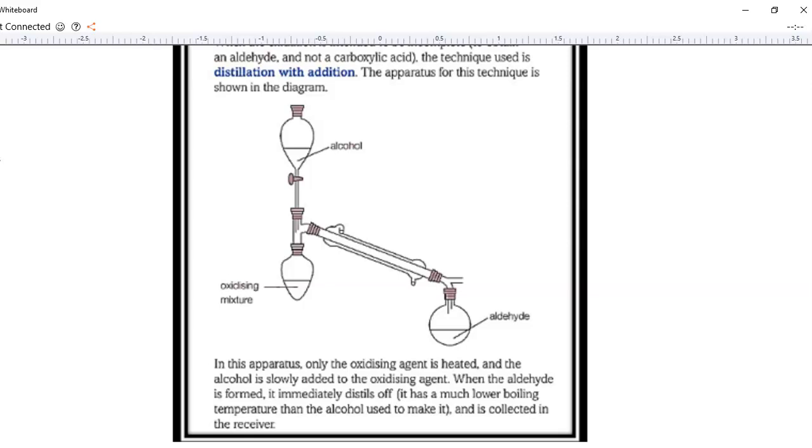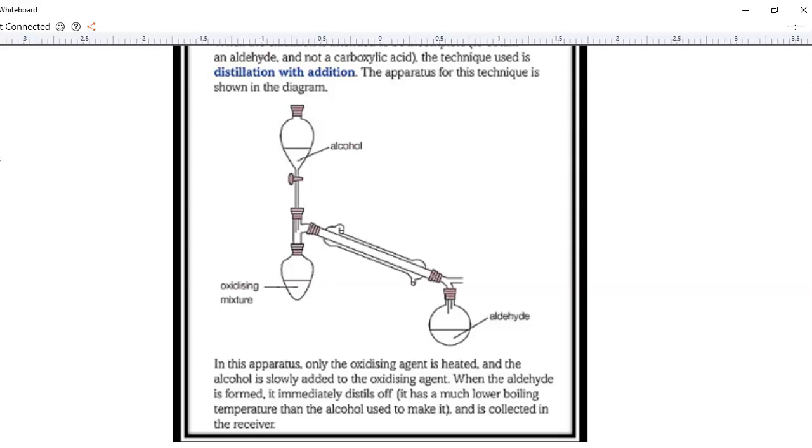In this apparatus only the oxidizing agent is heated, and the alcohol is slowly added to the oxidizing agent. When the aldehyde is formed, it is immediately distilled off, as it has a much lower boiling temperature than the alcohol used to make it, and is collected in the receiver.